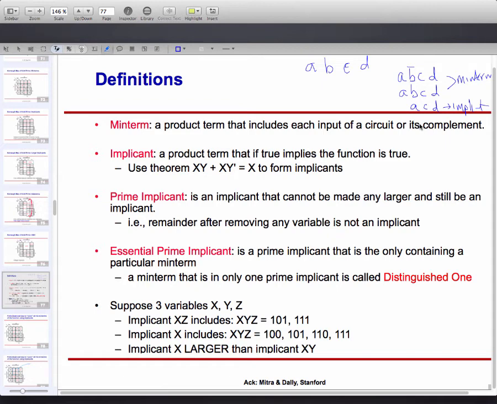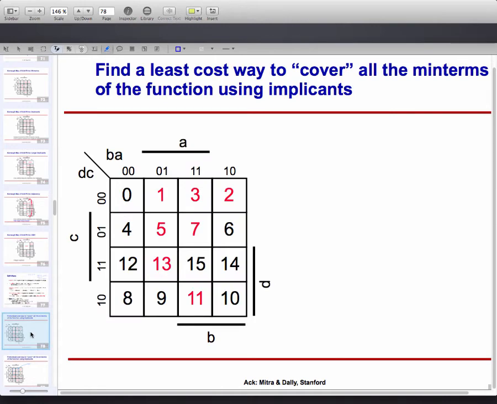Then a prime implicant means that I cannot shrink this thing anymore, so it cannot be made part of something even smaller. Going back to our covering story, the red boxes indicate the minterms where our function has an output of true, and we want to cover these.